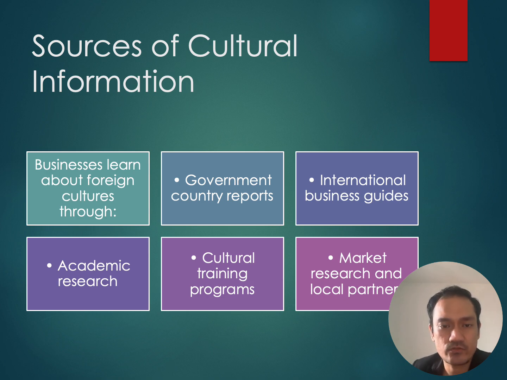Academic research, also from the library and online. Cultural training programs, and finally, market research and local partners. They can ask local partners what the cultural differences are between our country and theirs and what we should do. Cultural intelligence is developed through research, experience, and cross-cultural learning.